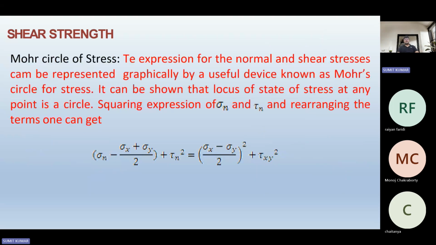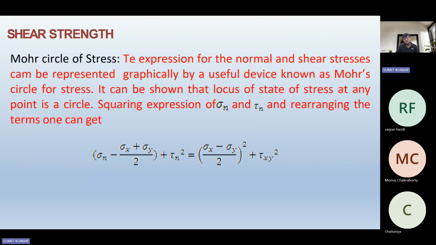Now, talking about the Mohr circle, which we have also elaborated and discussed problems associated with. The expressions of the normal and shear stress can be represented graphically by a useful device known as the Mohr circle for stress. It can be shown that the locus of the state of stress at any point is a circle.